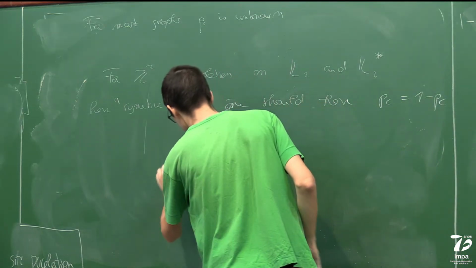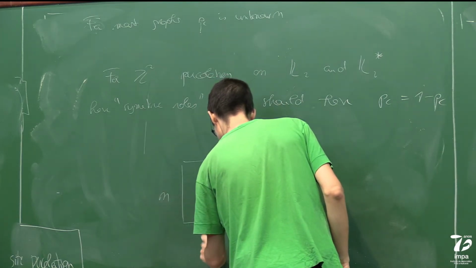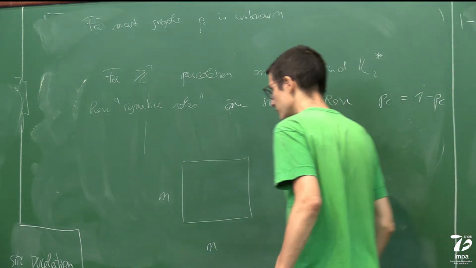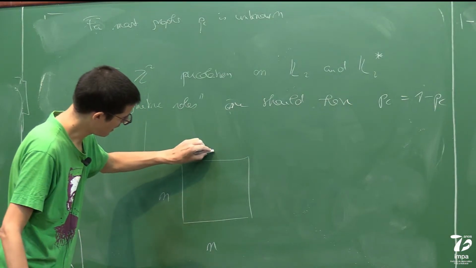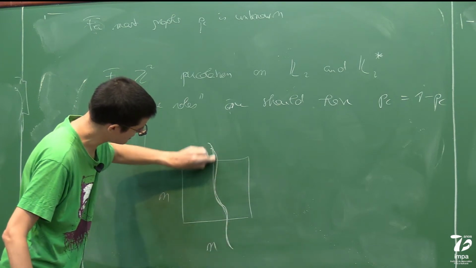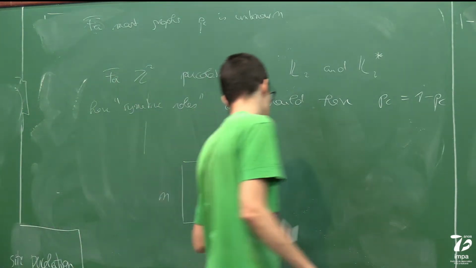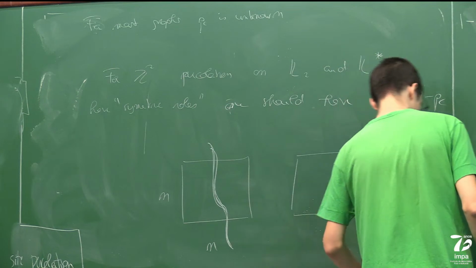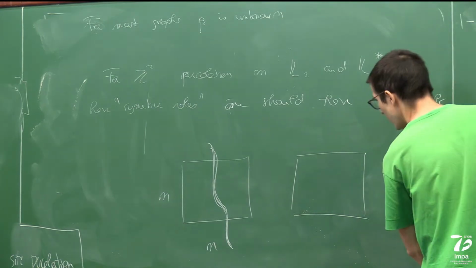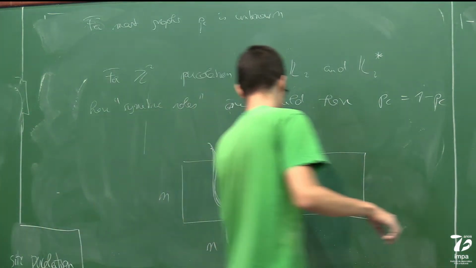It's when p and 1 minus p are equal. One way you can see it is that if you take an n by n box, you will have either one percolation path that crosses it vertically, or one dual path that crosses it horizontally.